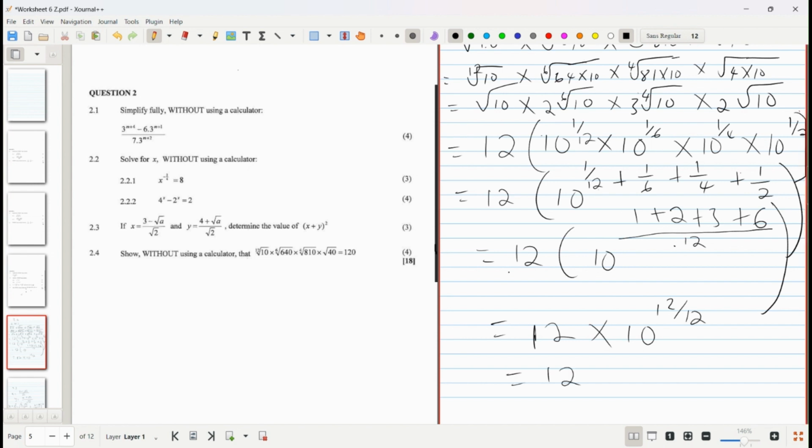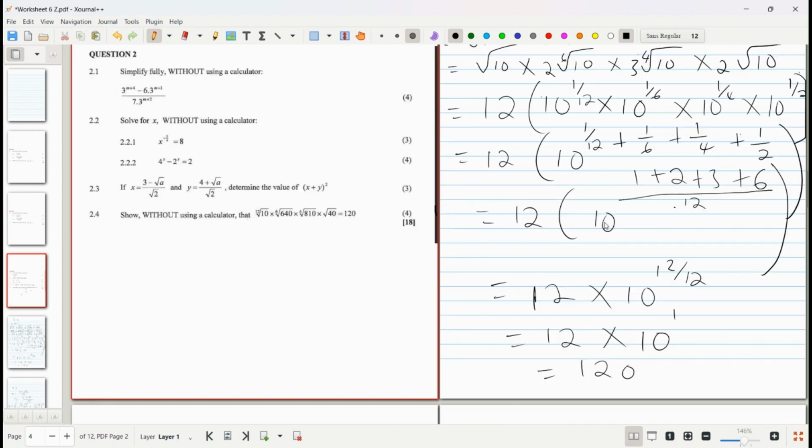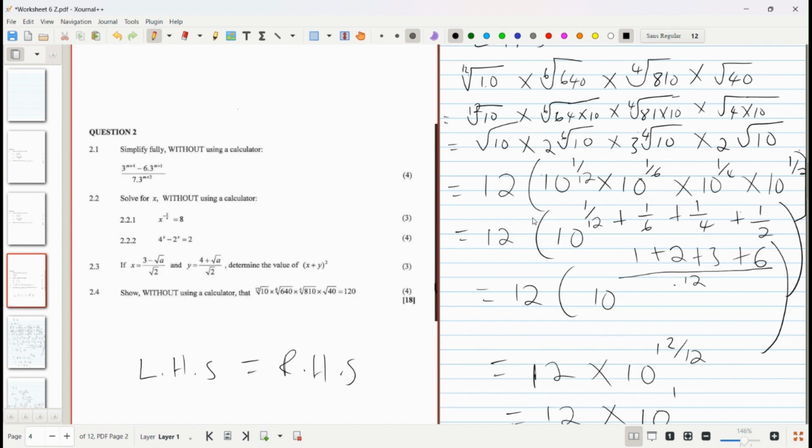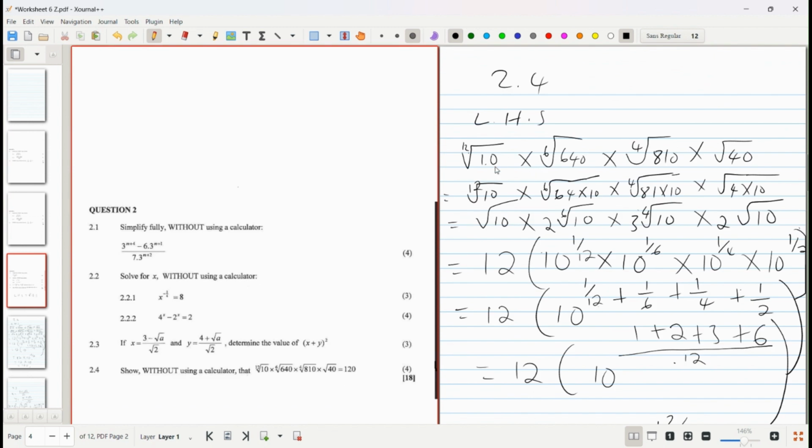So we have 12 times 10 to the power 1, which is 120, right? Okay, so we can conclude that, I don't have much space here, but you can say the left hand side equals the right hand side. So you have proved it. It's very important to make sure that you don't miss anything, because it's very easy to make a mistake or miss something and get everything wrong.